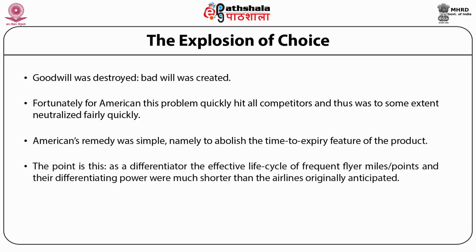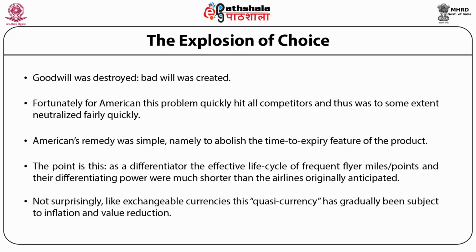The point is, as a differentiator, the effective life cycle of frequent flyer miles or points and their differentiating power were much shorter than the airlines originally anticipated. Not surprisingly, like exchangeable currencies, this quasi-currency has gradually been subject to inflation and value reduction.